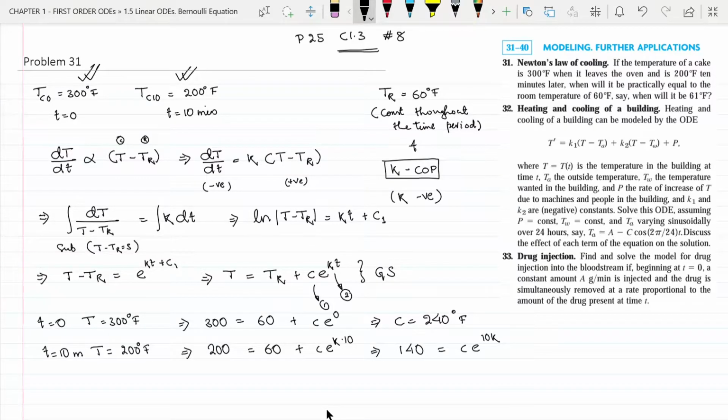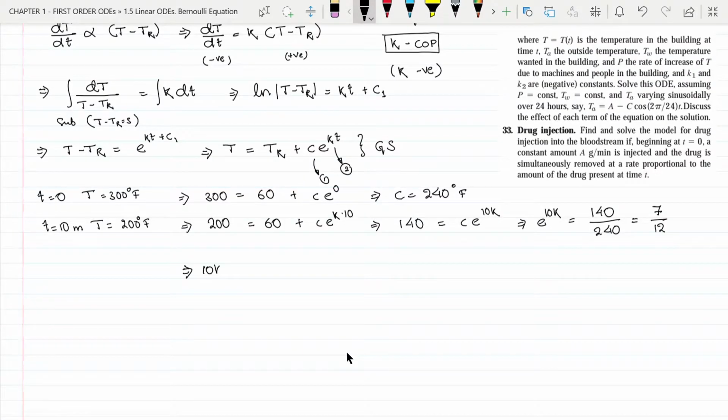We have C equal to 240 degrees Fahrenheit. So this implies e to the power 10K equal to 140 divided by 240, which is equal to 7 divided by 12.